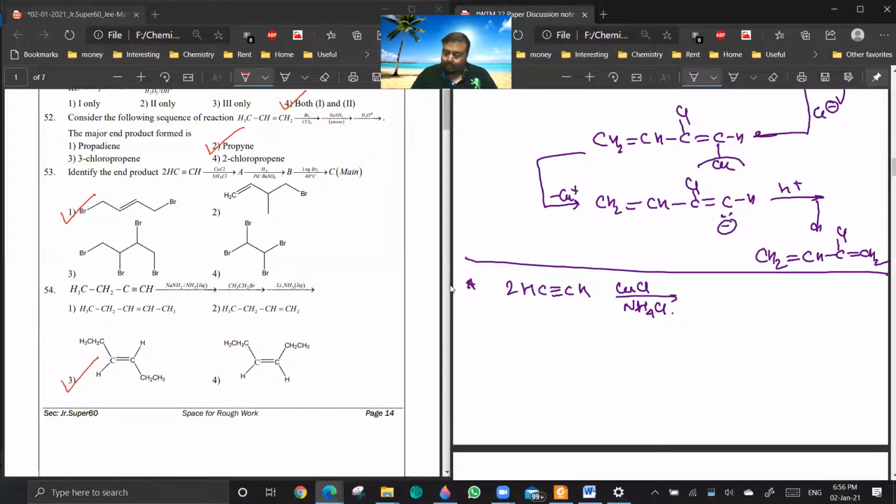So see what has happened at first. Cu+ will be attacking the acetylene part, delta minus, delta plus. So we're getting HC double bond CHCu. This is an electrophile. It will attack another acetylene molecule.